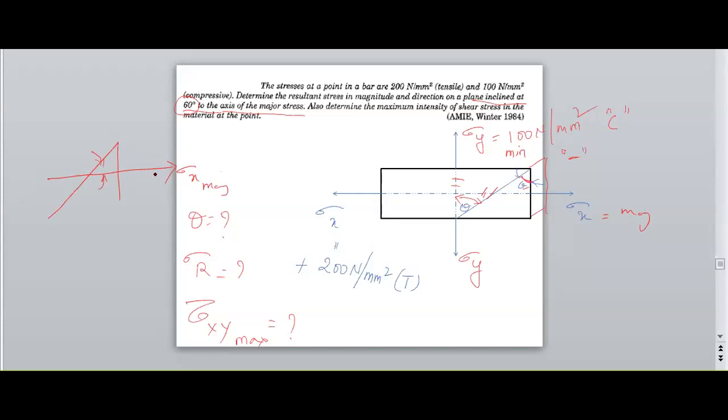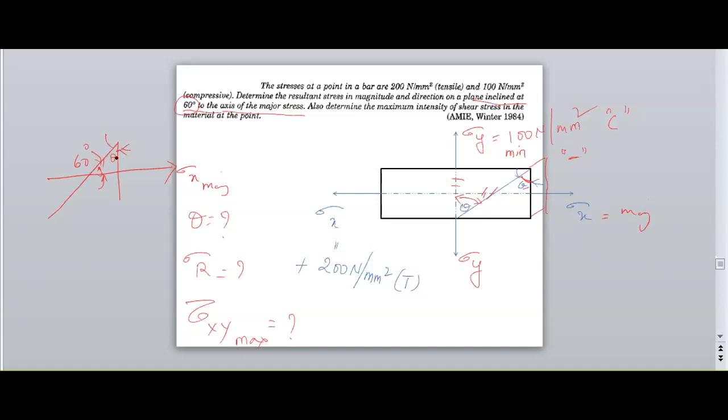This is the major axis, and he is telling this angle, 60. But we had derived the relation for the normal stress on the inclined plane. This is the angle.